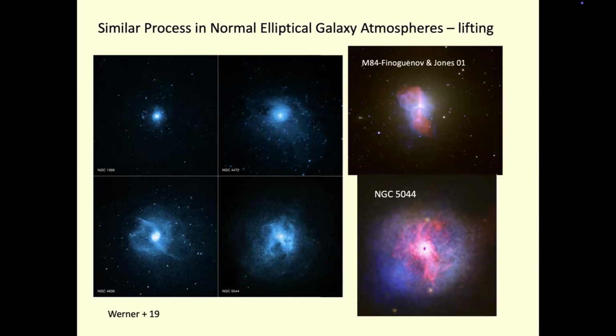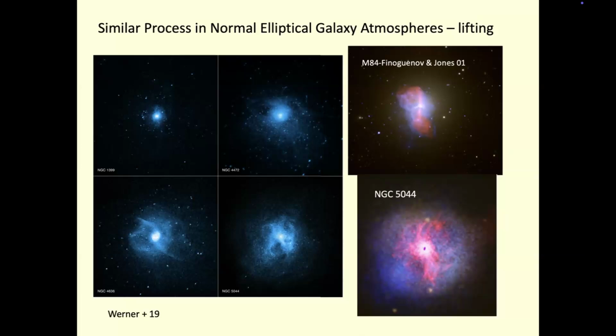On the right-hand side, one of the earliest ones found with Chandra is M84. The blue light there is the X-ray emission from the atmosphere, and in red you see the jets. And NGC 5044 below shows not only all this cavitation due to the jets, but also extended emission lines in the elliptical galaxy.